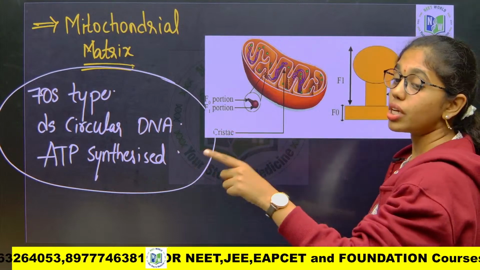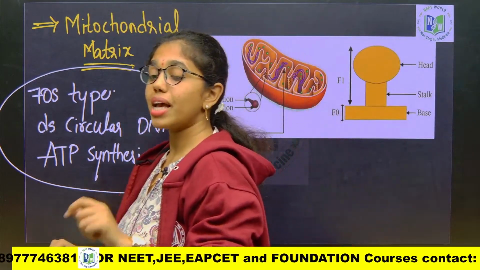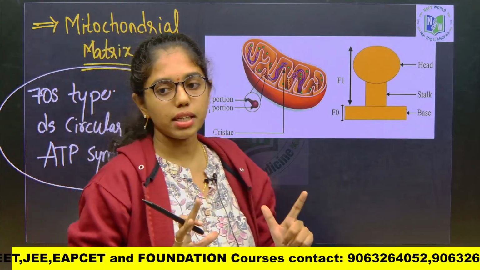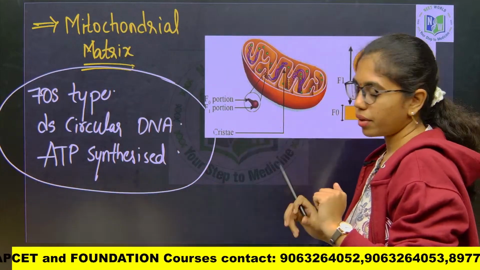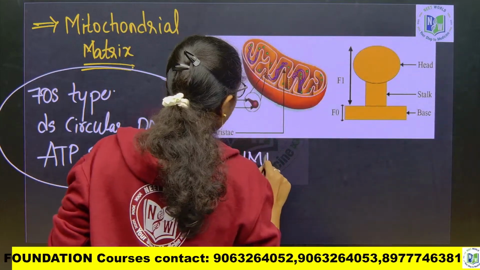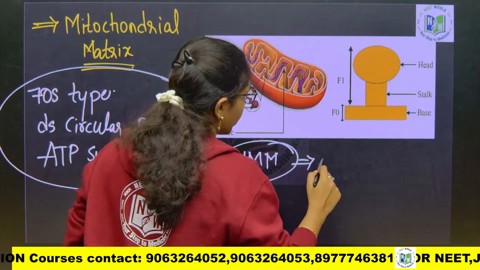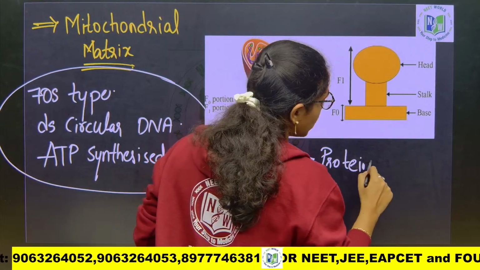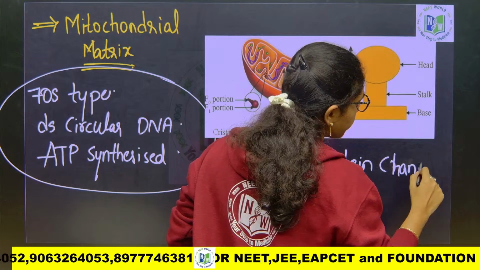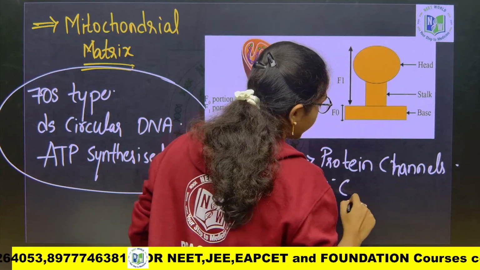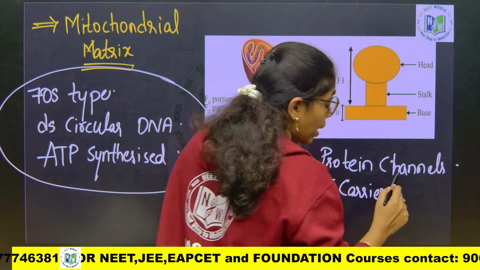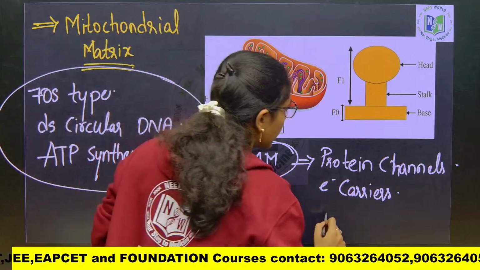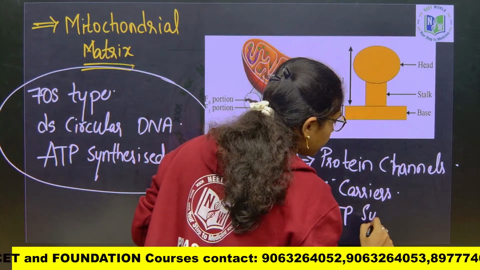Next, whichever electron carriers and proton channels are present, those are present in the inner mitochondrial membrane. In the inner mitochondrial membrane, what are present? Protein channels, electron carriers, and ATP synthase.